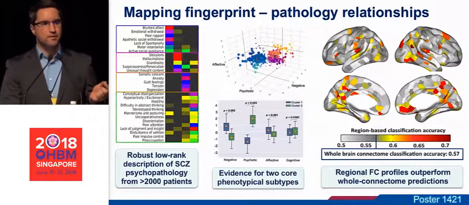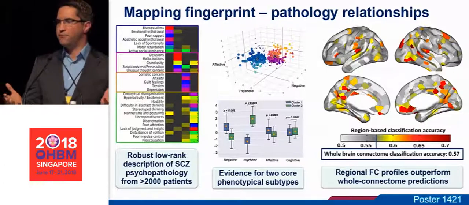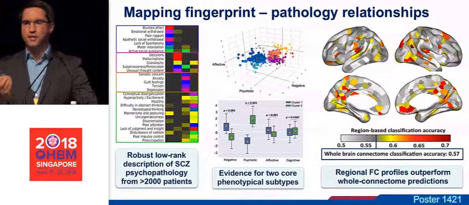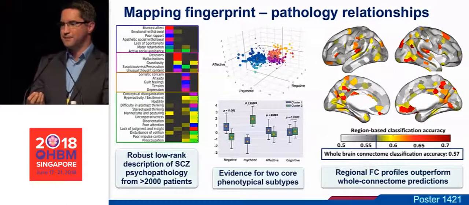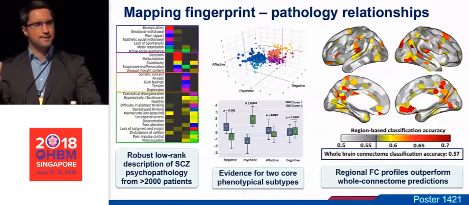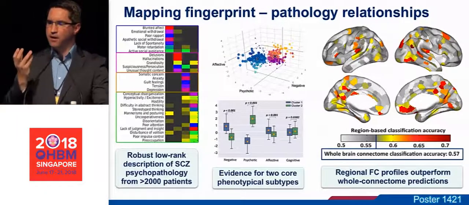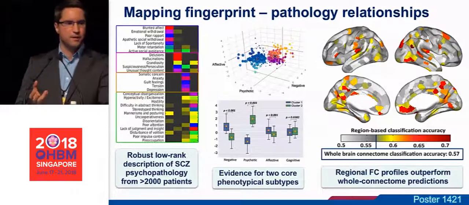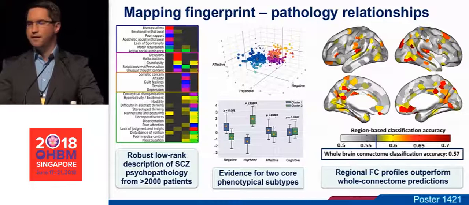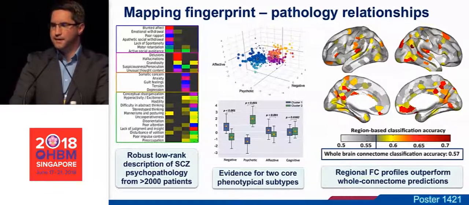That may be somewhat counterintuitive, because if you use the whole connectome, you can find the relevant connections in there. But remember what I said about the number of features relative to the number of examples. Basically, we can conceptualize this kind of approach as a biologically informed feature reduction. Now we are reducing the problem to a lower number of features, and we are actually better at predicting, in this case, clinical subtype.